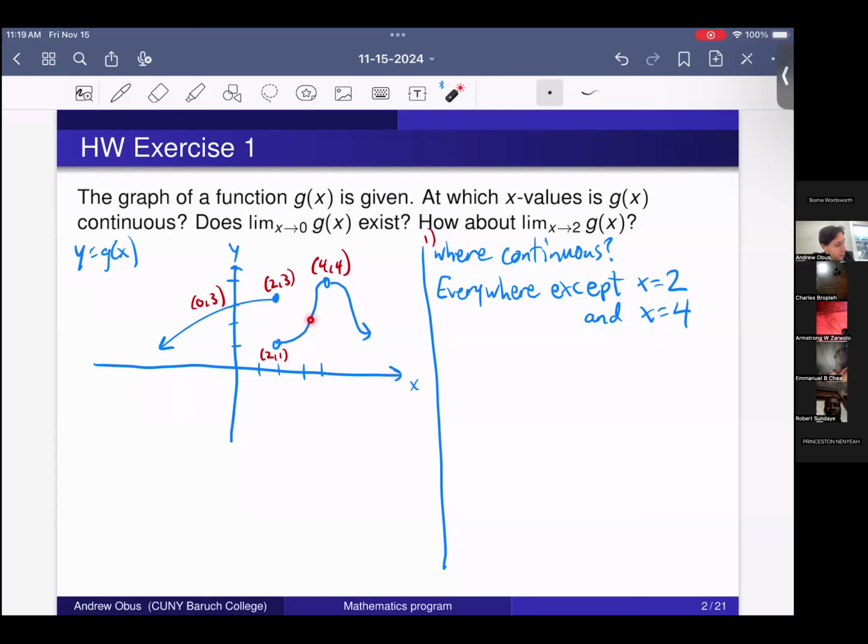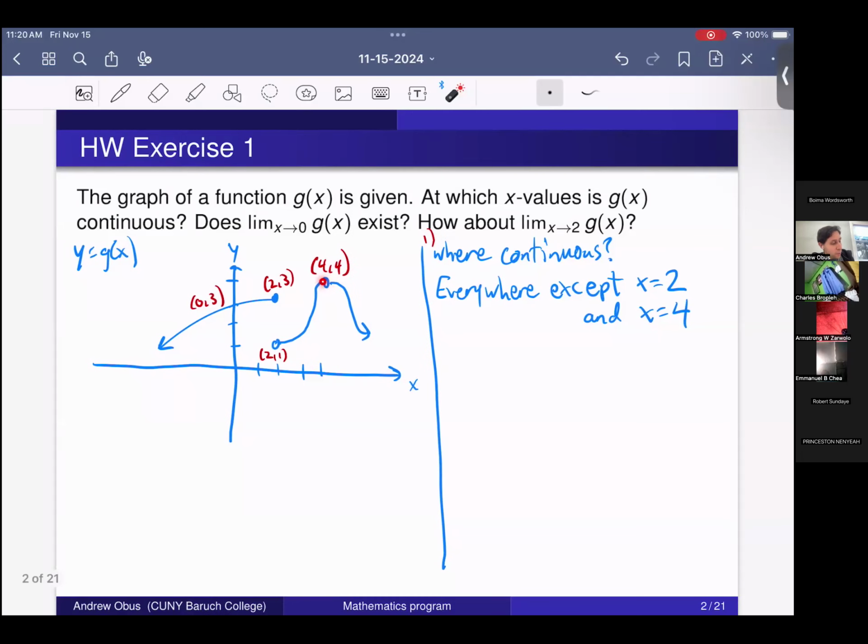The y values, as x approaches 2 from the right, are approaching 1. That's this point (2, 1). And as x approaches 2 from the left, the y values are approaching 3. That's this point (2, 3). So those limits are not the same. So that means the function is not continuous at x equals 2.